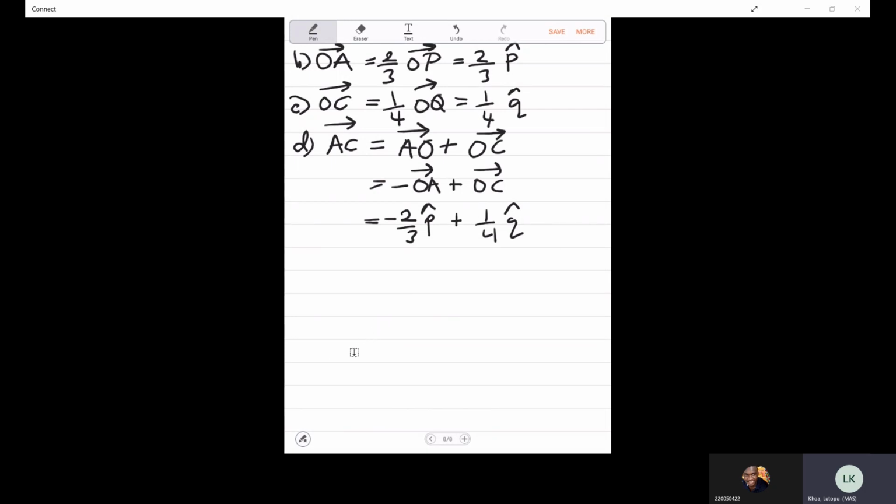Then the next one is number 4. Number 4, we are given a diagram like this. I'll try and draw it as best as I can.